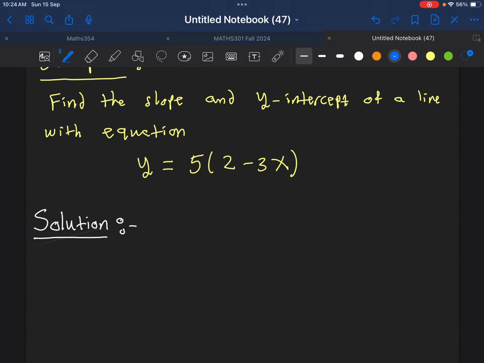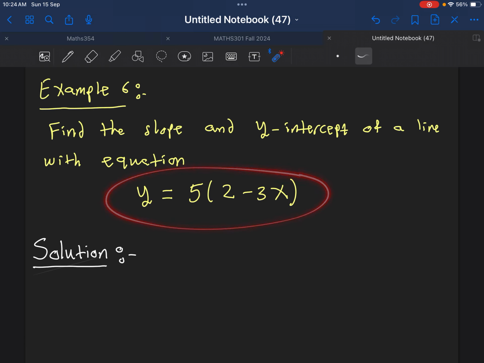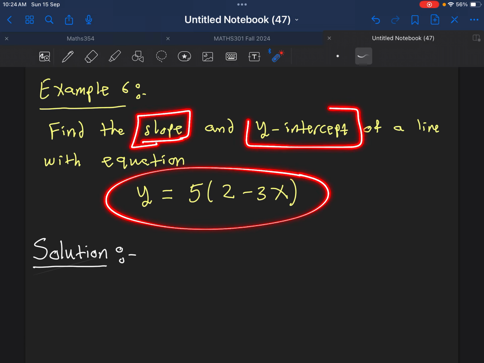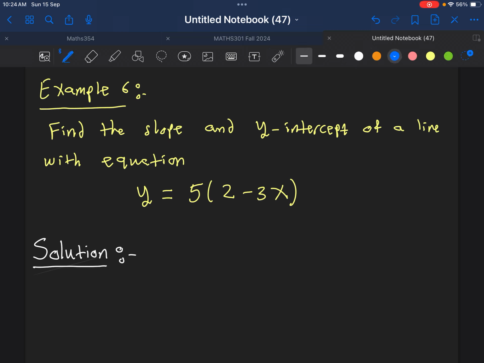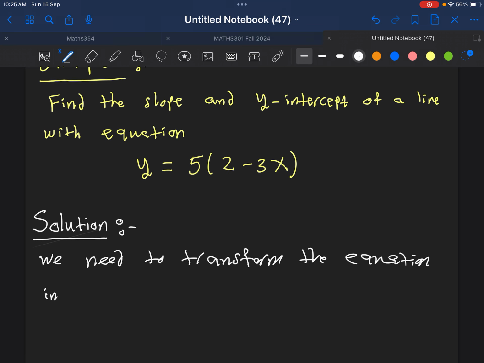Example number 6, I'm having the equation. That's a different type of example. Now I'm having the equation, and he wants me to find the slope and the y-intercept. So the idea here, and let me write it down so that you keep it in your notes, we need to transform the equation into slope intercept form.